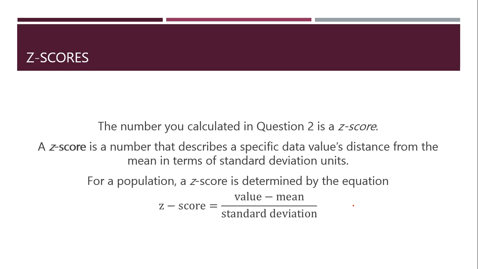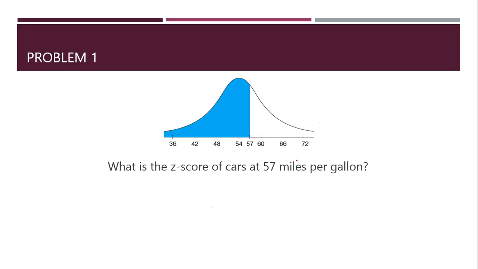Super easy to find. In order to find your z-score, for the values that aren't right on 1 or right on -2, you're just going to take that value, subtract the mean, and divide by your standard deviation.